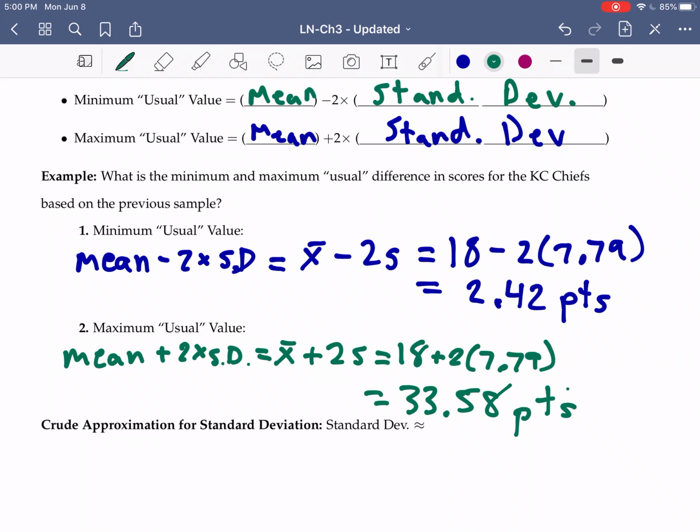So anything above 33.58 points we would consider unusual, but at 33.58 that would be considered usual.